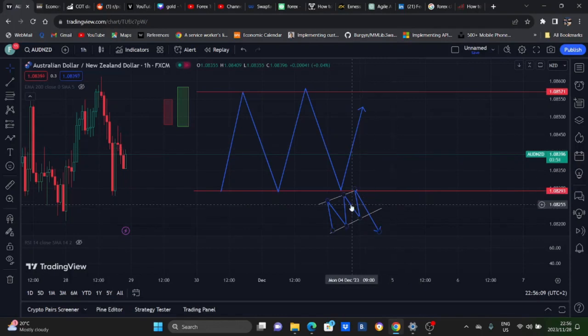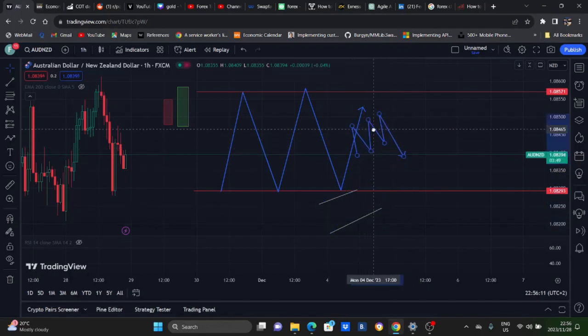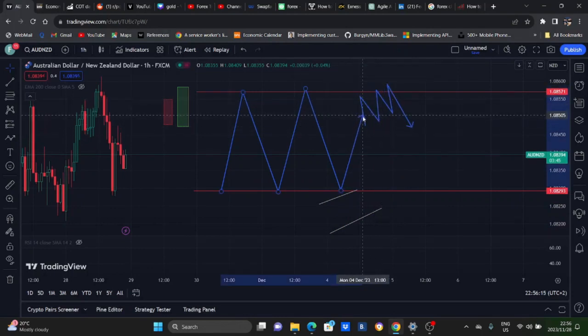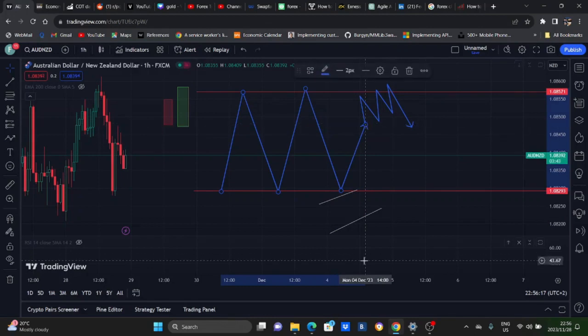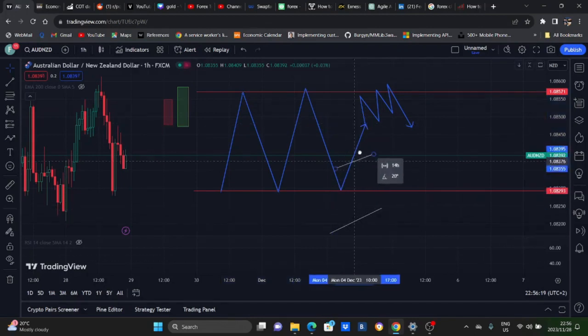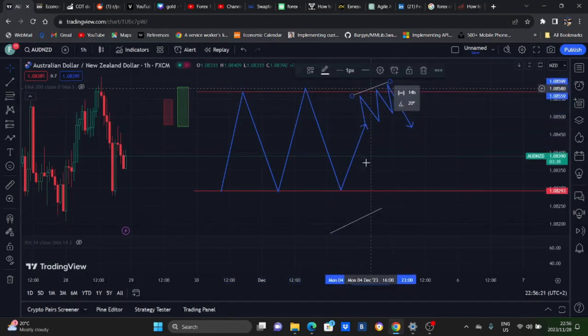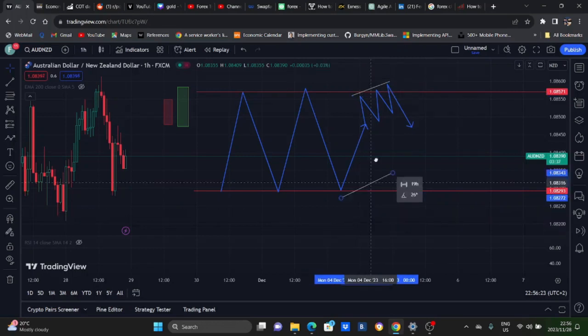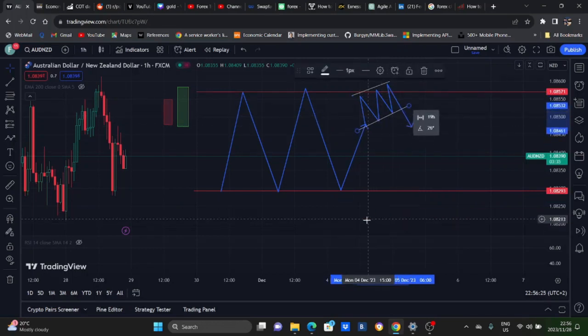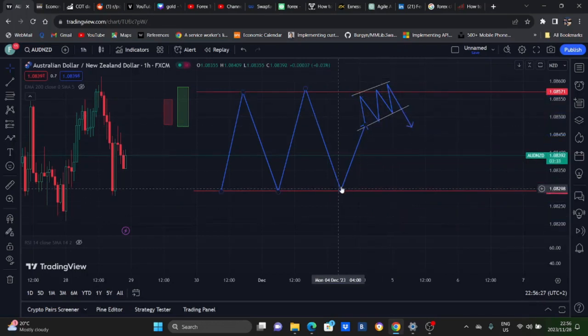So I'll plug it into the chart. You'll have something like this towards the resistance area, right? So what happens is the price pushes up towards resistance and then starts doing this.